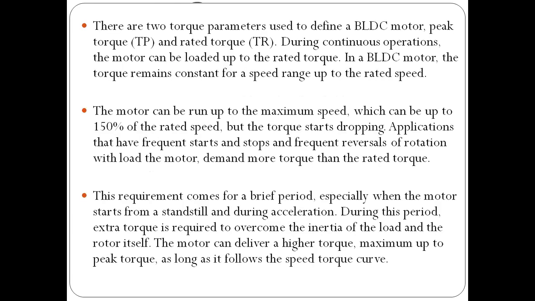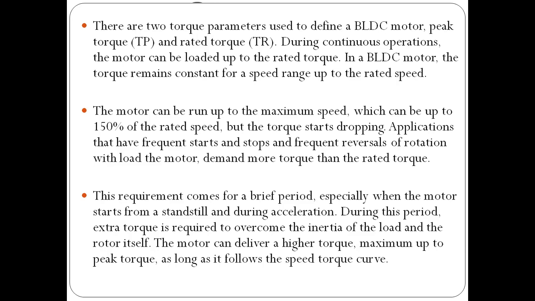There are two torque parameters used in BLDC: peak torque and rated torque. During continuous operation, the motor can be loaded up to the rated torque. In BLDC motors, the torque remains constant for the rated range of speed. The motor can be run up to the maximum speed, which can be up to 150% of the rated speed, but the torque starts dropping.